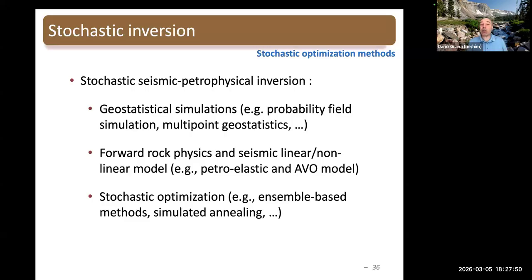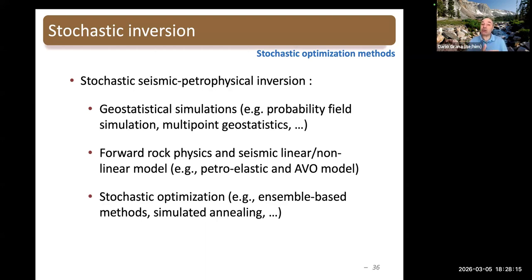And then finally, we apply a stochastic optimization method in order to update those realizations until they actually match the true data. If you simply generate geostatistical realizations and apply your forward model, and you compute a theoretical response of what the seismogram would look like, and you compare with the true one, it's clearly not going to match unless you're really, really lucky.